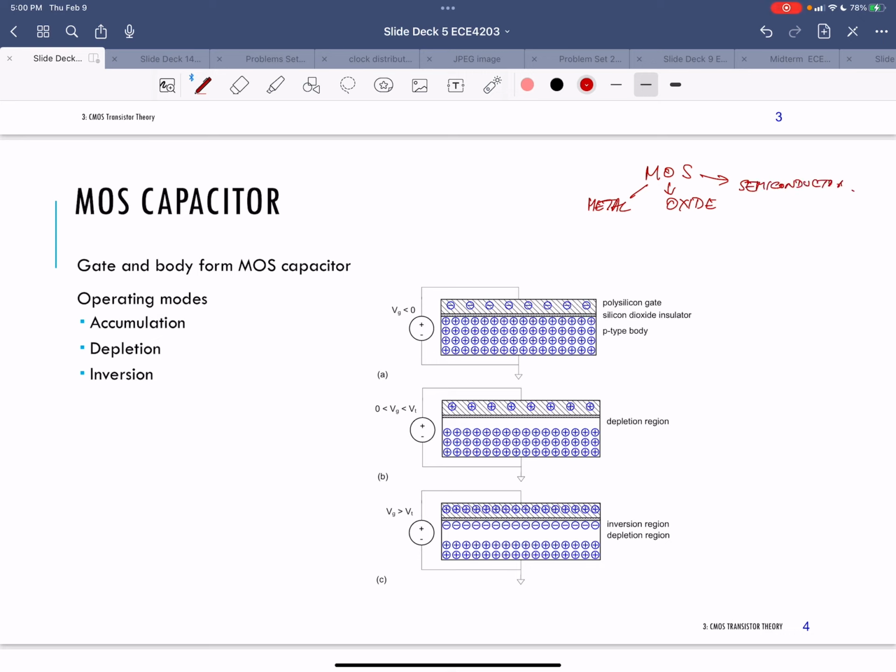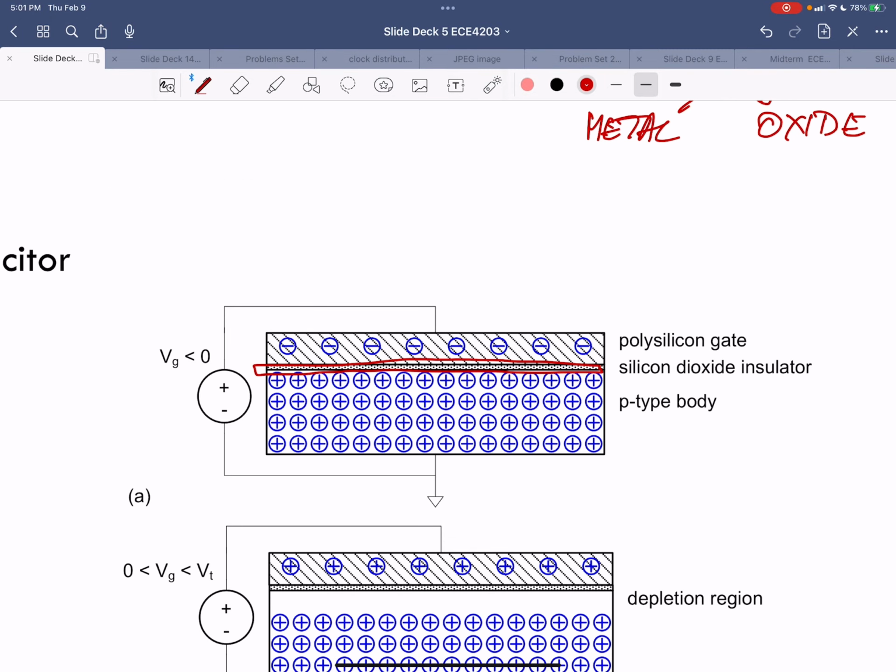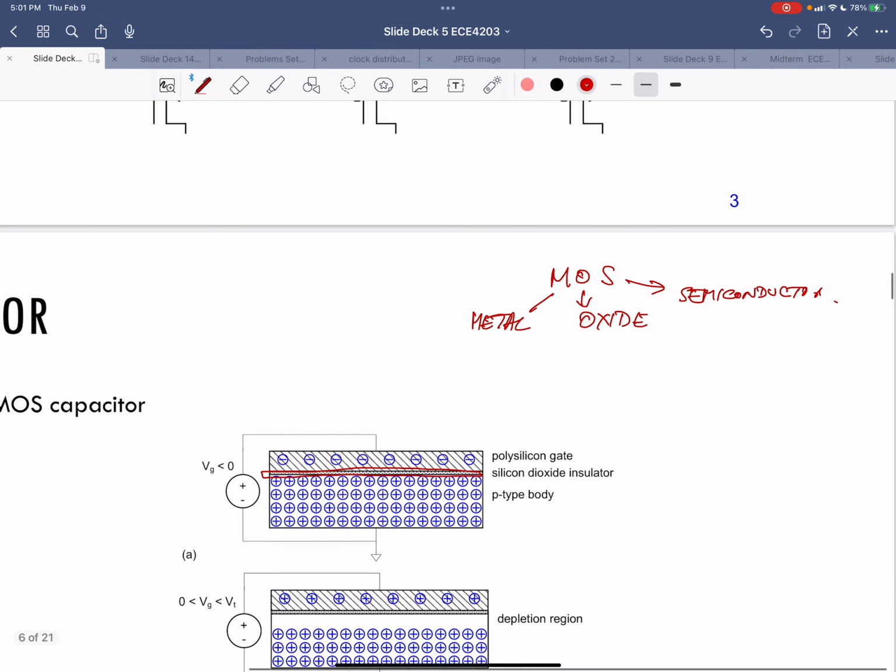So let's start with the oxide. In this case, the oxide is made out of silicon dioxide, and it looks like this very thin layer in the middle here. That's your oxide in the MOS.